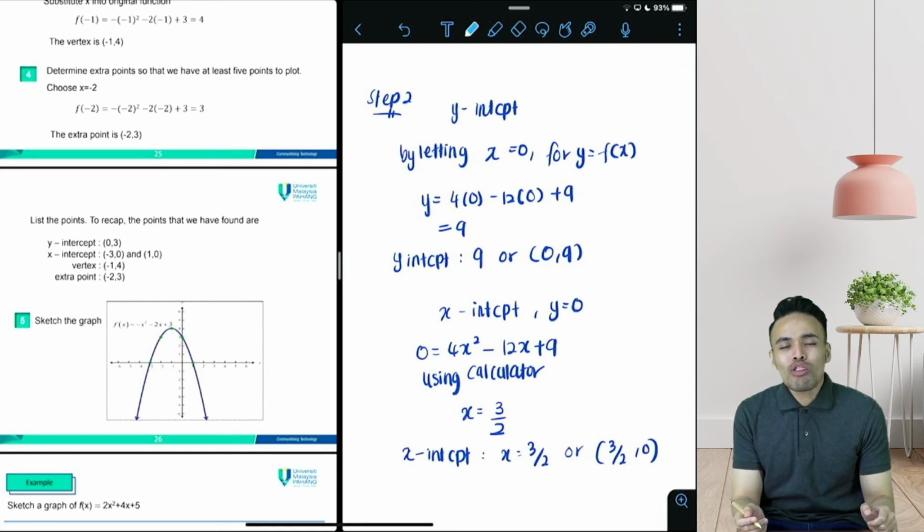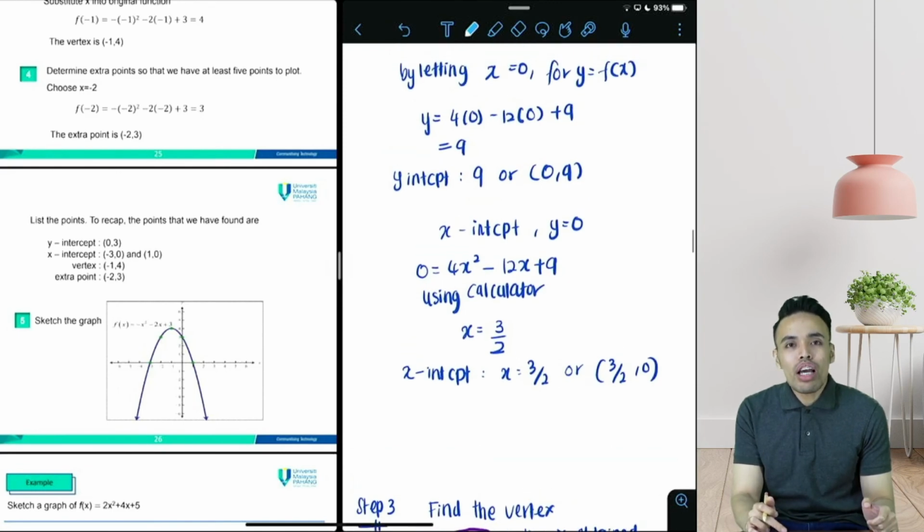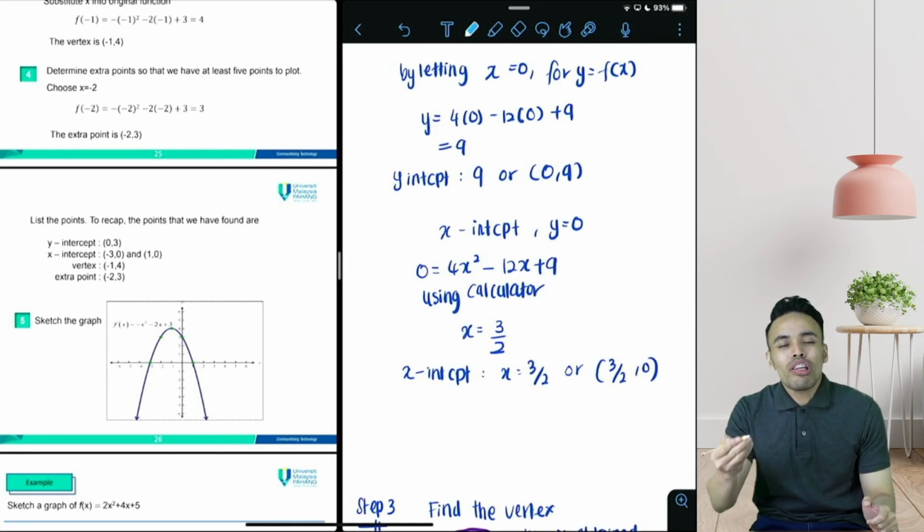Right after you determine the y-intercept, look at the x-intercept. The x-intercept can be obtained by assuming y is equal to 0. Since we have reached a conclusion from our calculation earlier that you will get two equal roots, by using a calculator you will get x is equal to 3 over 2.